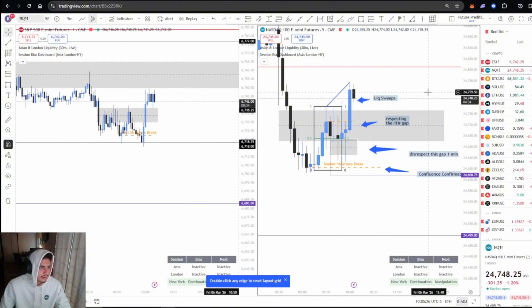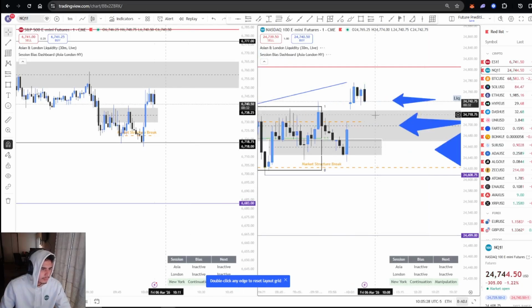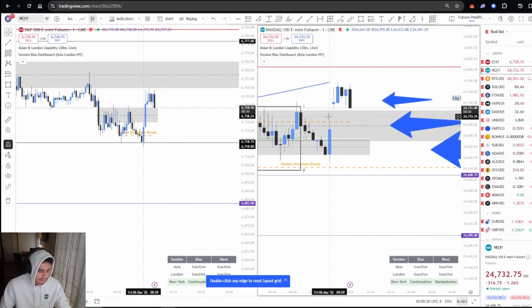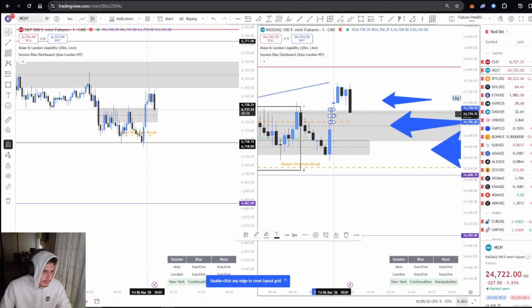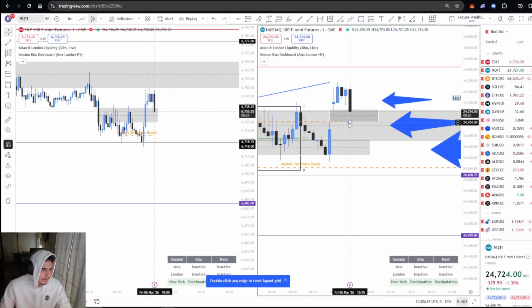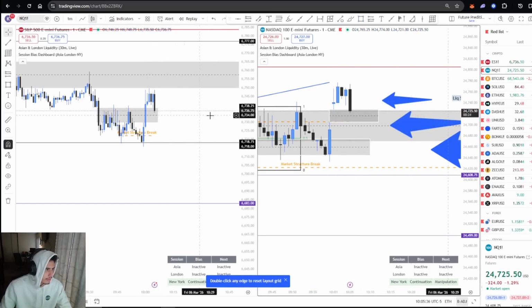Now I'm looking on the ES side, bro. And then we have this gap right here. I don't know what happened to this candle right here. This candle better get filled all the way through.